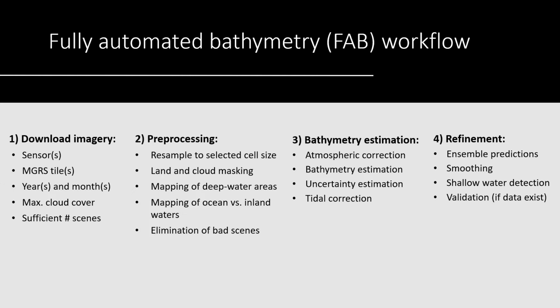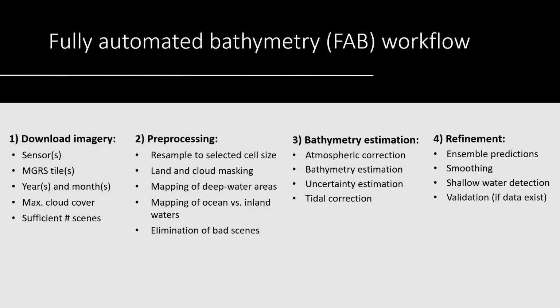Once the user has defined the run parameters, FAB downloads Sentinel-2 and Landsat-8 imagery from ESA and the USGS, and pre-processes it to mask out land and clouds, automatically detects areas of optically deep water, and removes scenes that were downloaded but failed to pass some internal quality control tests. Once this is done, each scene is atmospherically corrected, and per pixel bathymetry, including its uncertainty, is estimated.